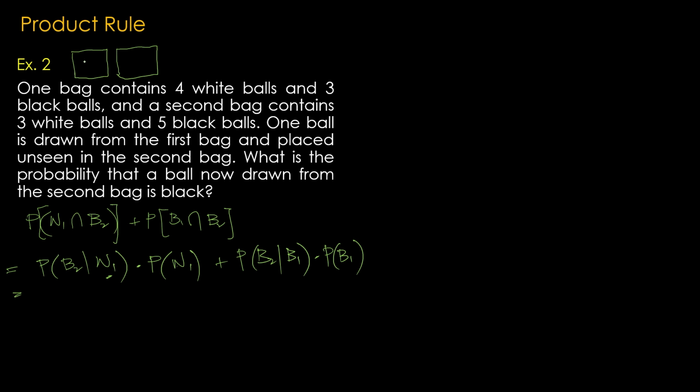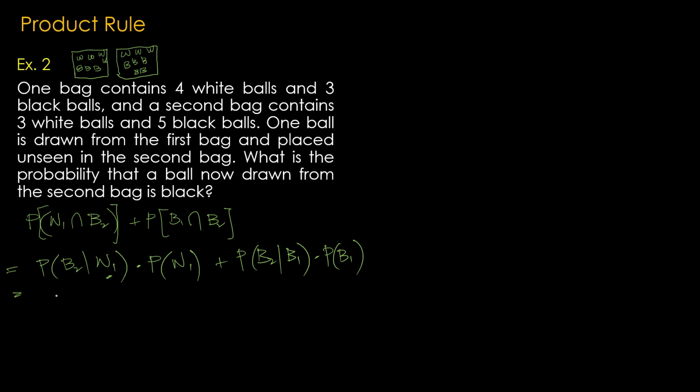We have two bags. The first has 4 white and 3 black: 1, 2, 3. And the other bag contains 3 white and 5 black.